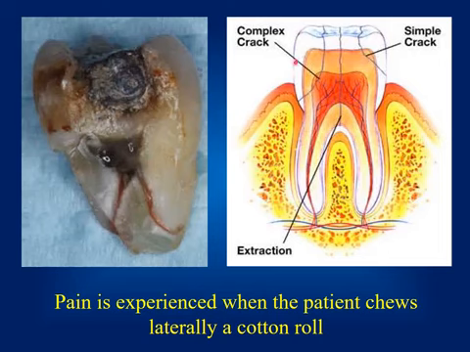If the crack reaches to the pulp, here we need endodontic treatment. But when I've got a vertical fracture way down to the bone, here the possibility of treatment is very limited, and extraction may be the type of treatment.